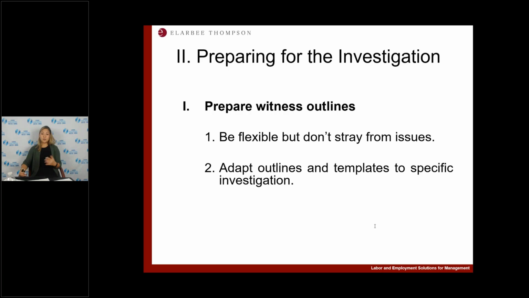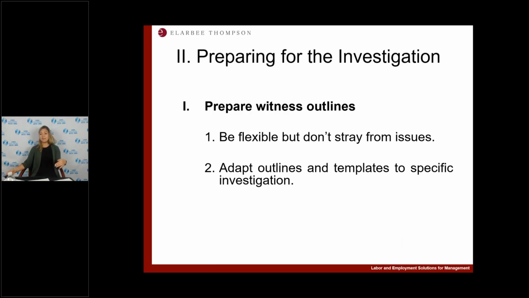If you've got a complaint and you're unclear about a specific fact, you want to put that question in your outline so that it doesn't slip through the cracks and then you're having to call them up and ask them to clarify something. Outlines really help you make sure that you cover all of your bases during an interview.